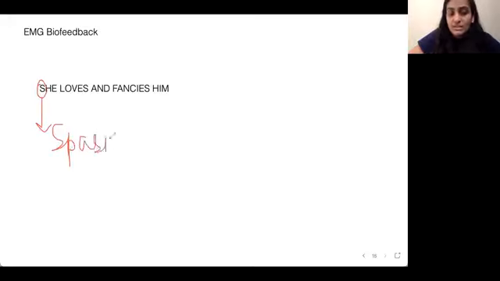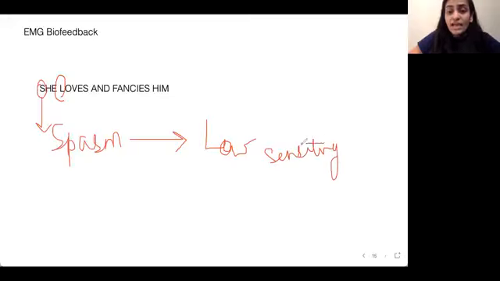Whenever your muscle is in spasm, or hyperactive, or overactive, or spasticity, your sensitivity is going to be "loves", low. So what is your sensitivity going to be? Low sensitivity, right? How are the electrodes going to be placed with muscle spasm? Closely spaced electrodes. Very good.